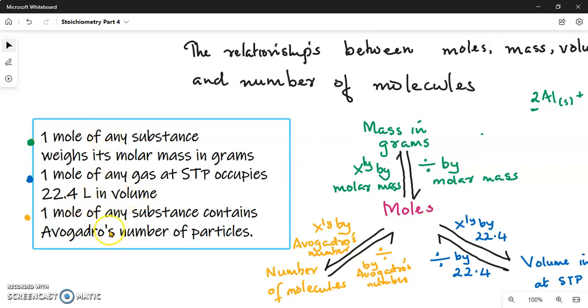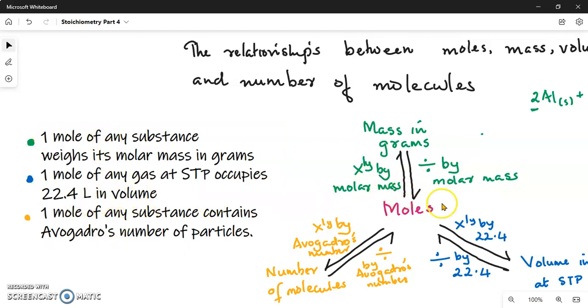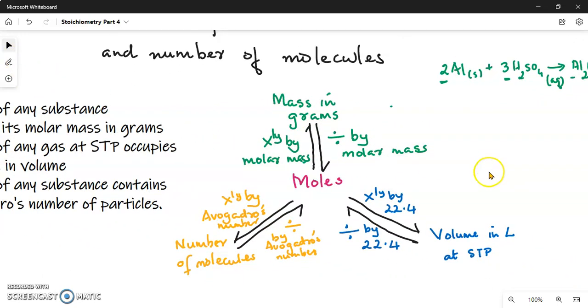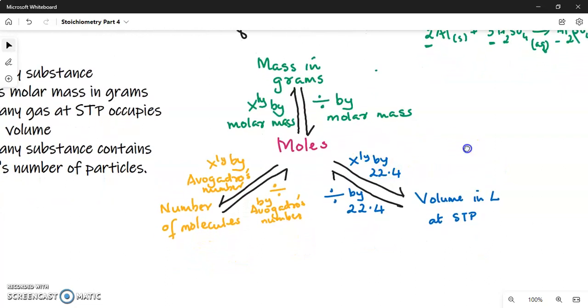So with these 3 relationships, we can convert between moles and mass, mass and moles, moles and volume, volume and moles, and moles and number of molecules or number of molecules and moles.